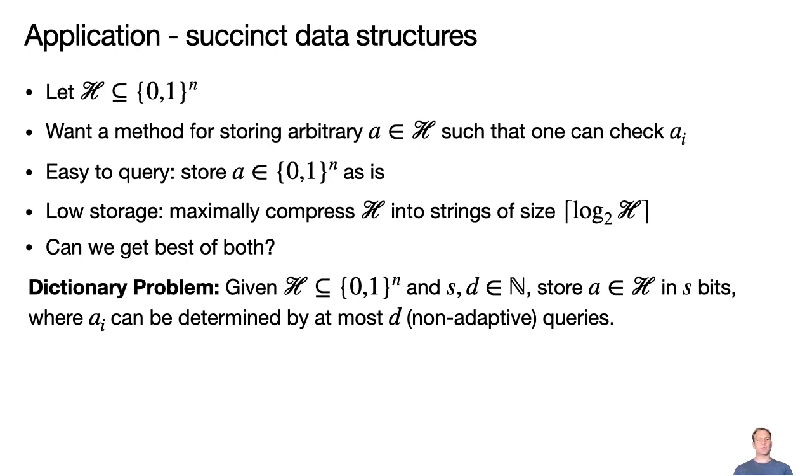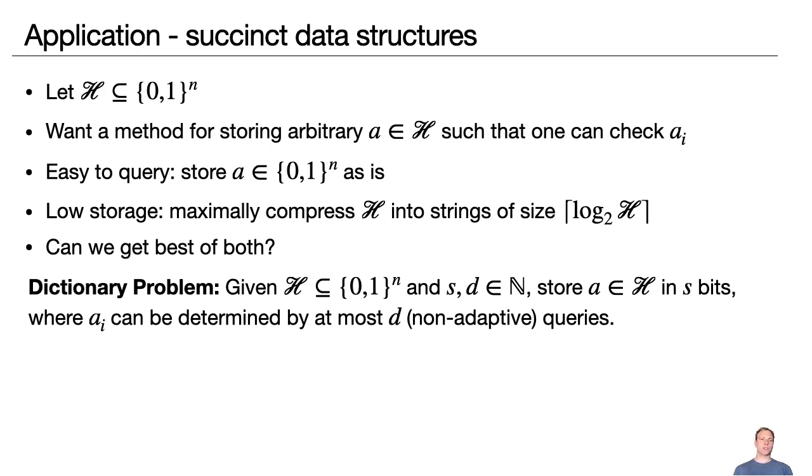The specific problem we're interested in here is a dictionary problem. So given our family H and two parameters S and D, we'd like to be able to store an element of H in S bits, where the ith bit can be determined by at most D non-adaptive queries.